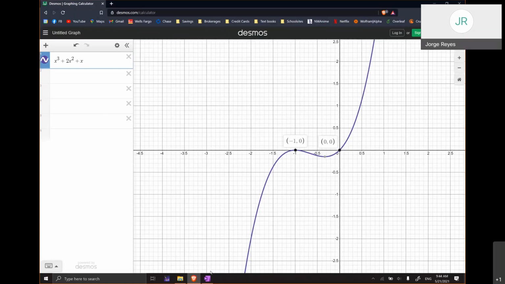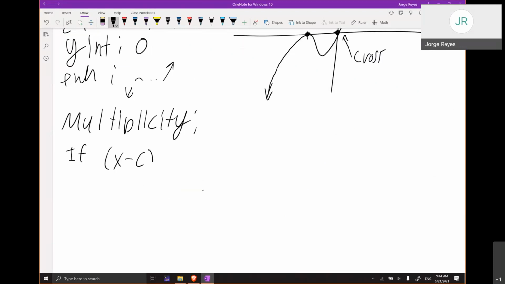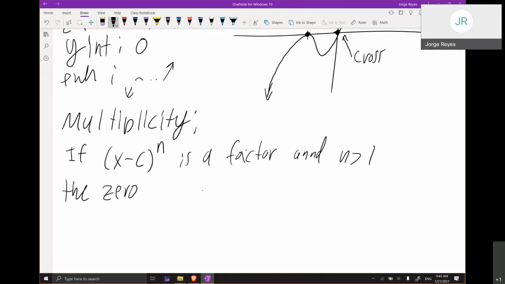All right. So this concept is called multiplicity, which I kind of talked about a little, okay? But multiplicity, okay, is if you get x minus c to the power n as a factor, and n is greater than 1, the zero c, okay?